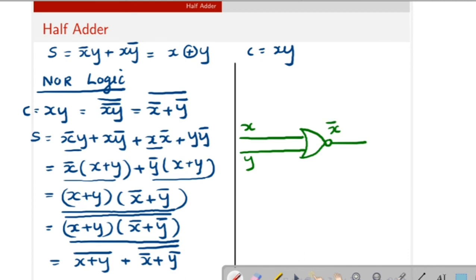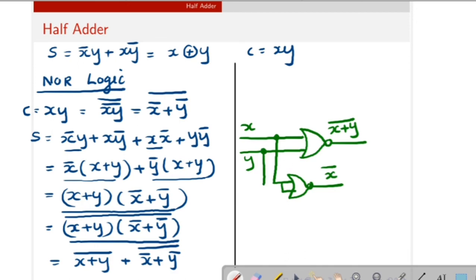So here you get x plus y whole bar, right? That is x plus y whole bar. Then x and y inverted. So here you have the x input, take that x input, complemented using a NOR gate. So here you have x bar.